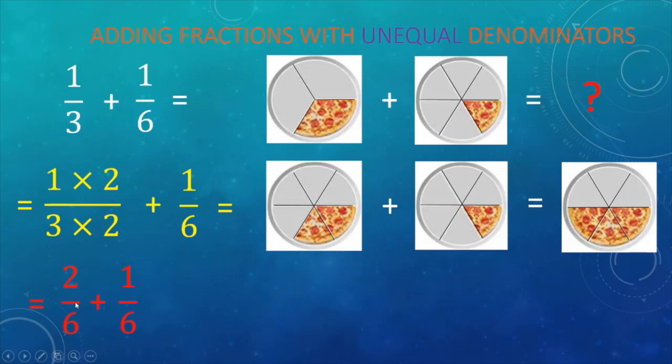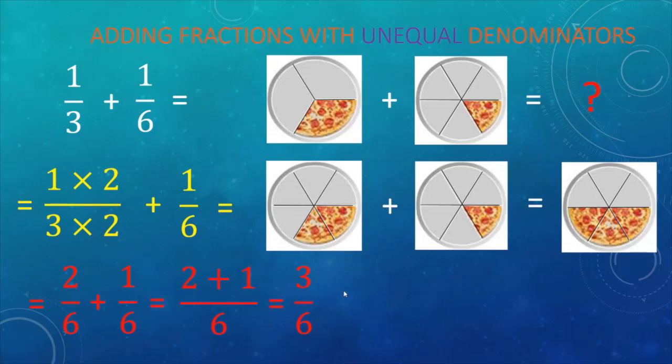Now we have equal denominators, and we already learned how to add fractions with equal denominators. So we leave denominators the same, 6, and we add numerators, 2 plus 1. 2 plus 1 is 3 over 6.